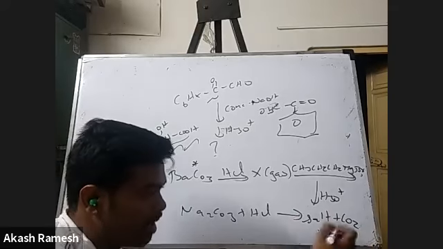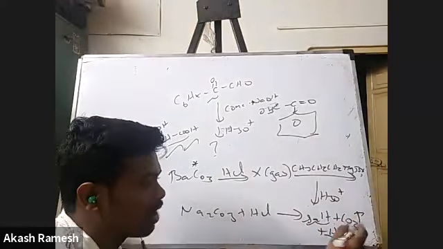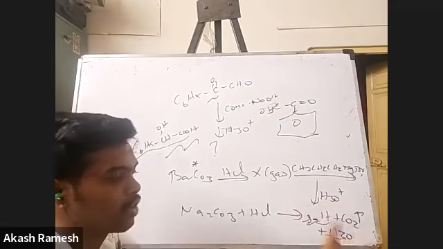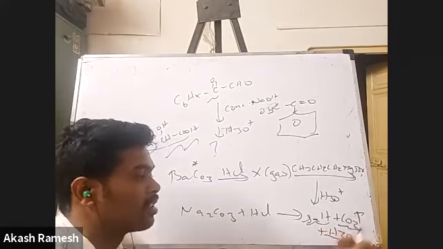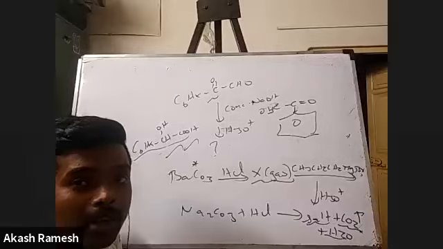So, what is the only gas present here? Carbon dioxide, obviously. The salt and H2O will form the aqueous solution. And the only gas I have here is basically going to be CO2.